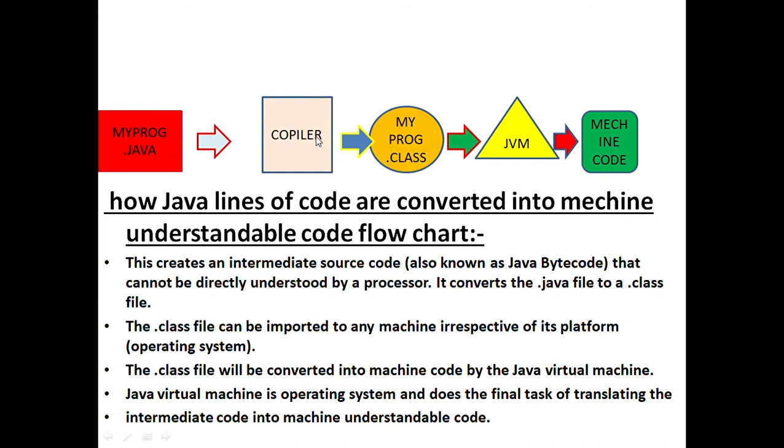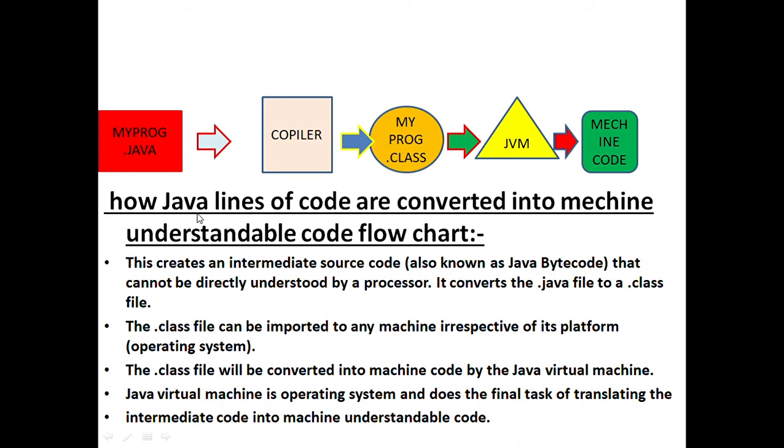After the compiler, a class file is created. The .class file is created for the JVM. After the JVM, this .java file is converted into machine code. That means the language the computer understands is called machine code.